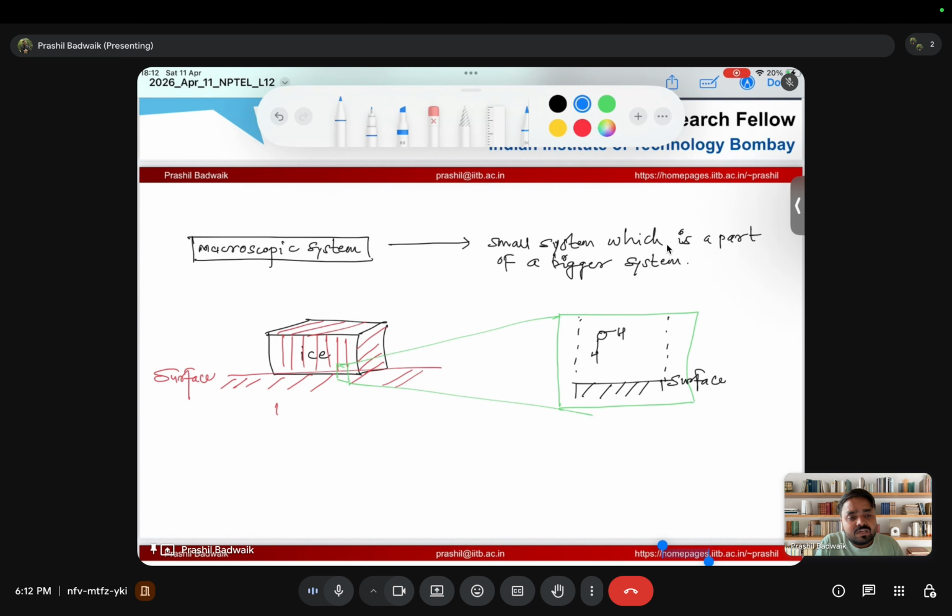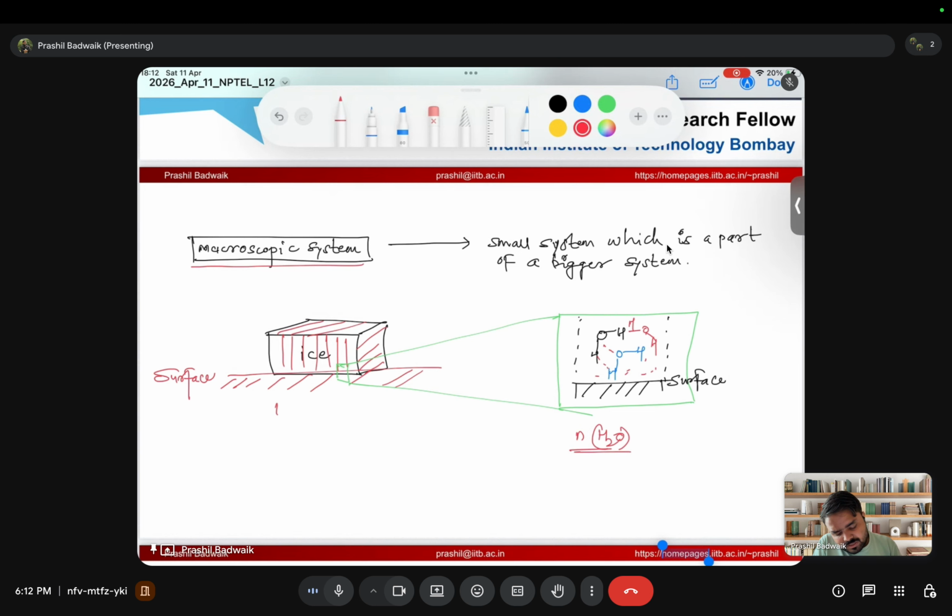Ice is essentially water. Some sort of structure will be there, right? So this is a combination of n times of H2O. So this is a macroscopic system.